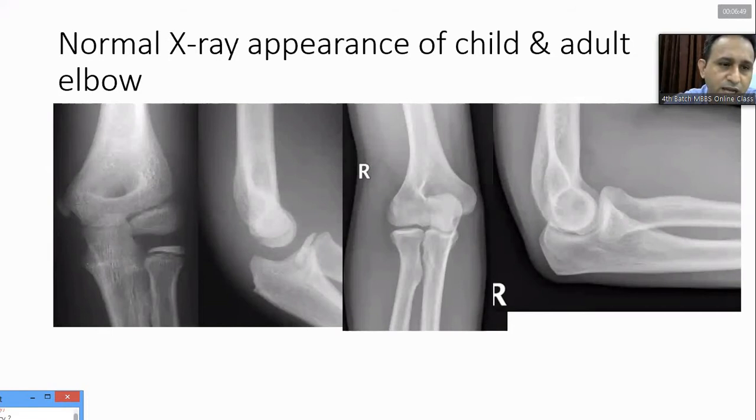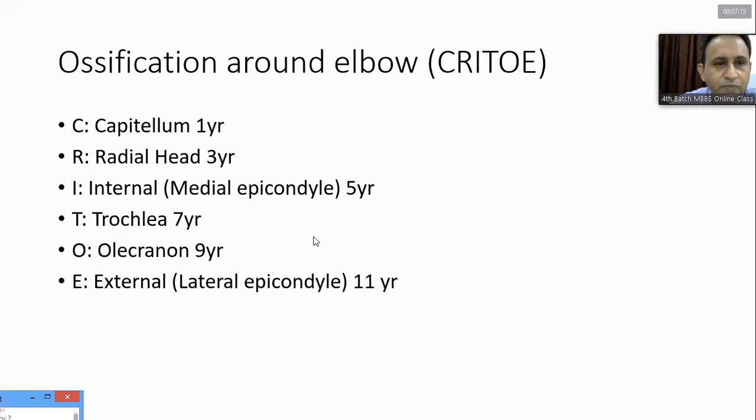These are really the epiphyseal growth plates around the radial head, around the capitulum, around the medial epicondyle. So this is essentially a normal X-ray of the child. On the right-hand side, the growth plates have already fused, so it's a mature adult X-ray.